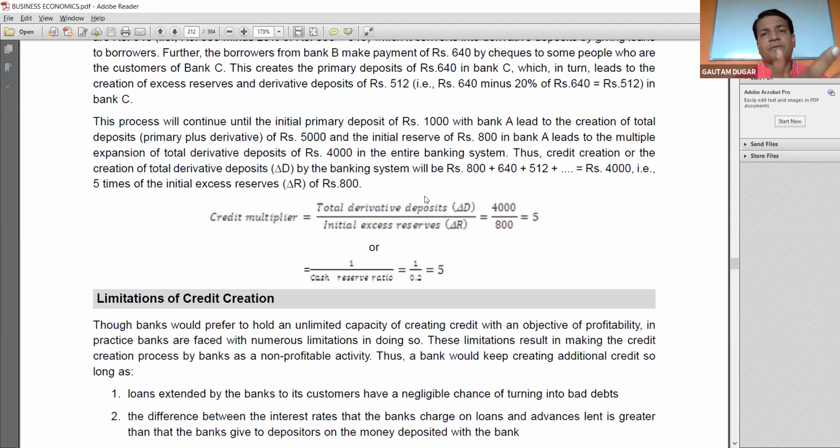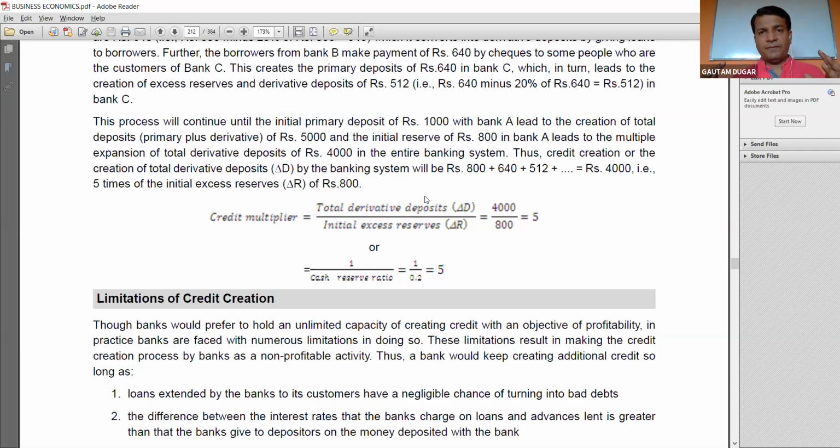I hope you understand. Just as I was saying, before 1991, the reserve ratios were very high in India. Obviously, when the reserve ratios were high, the credit creation was low. One limitation is that. And another important limitation is the lack of availability of proper securities.